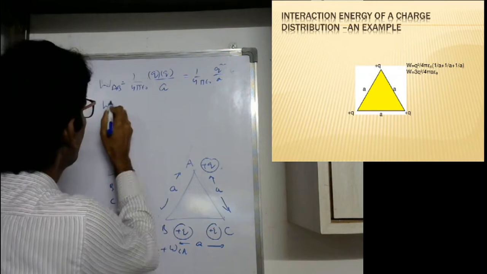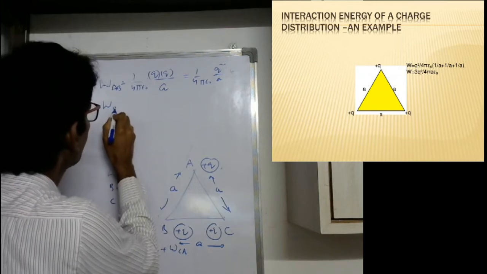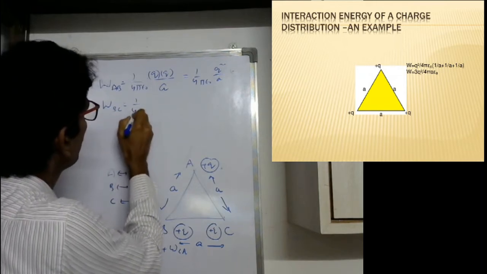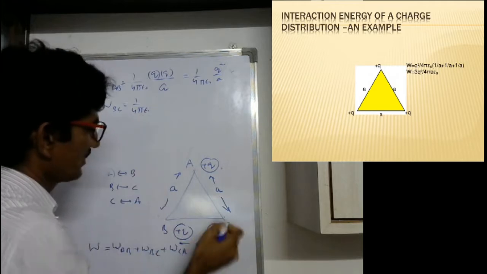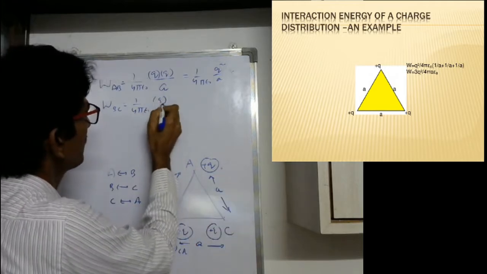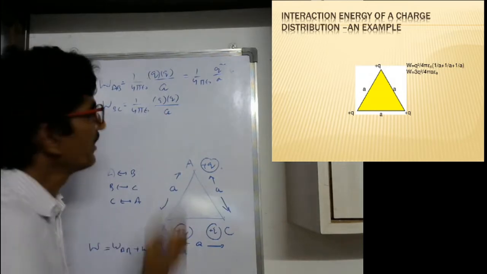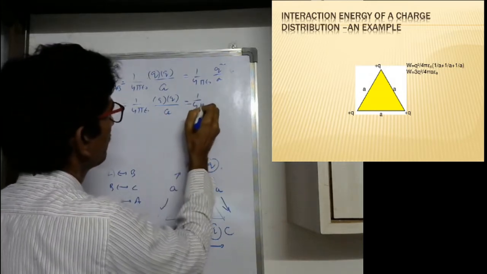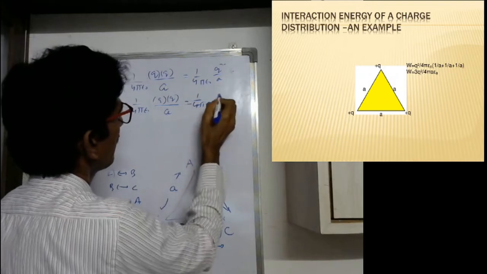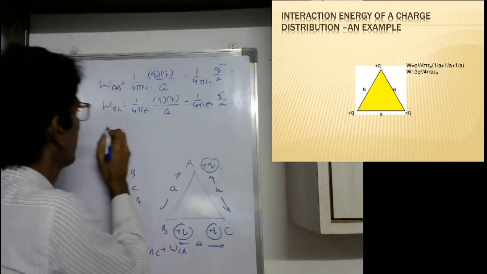Similarly, for BC we have 1 by 4 pi epsilon naught, one charge is plus q, the other charge is plus q, and the distance is again a, so we have 1 by 4 pi epsilon naught q square by a.